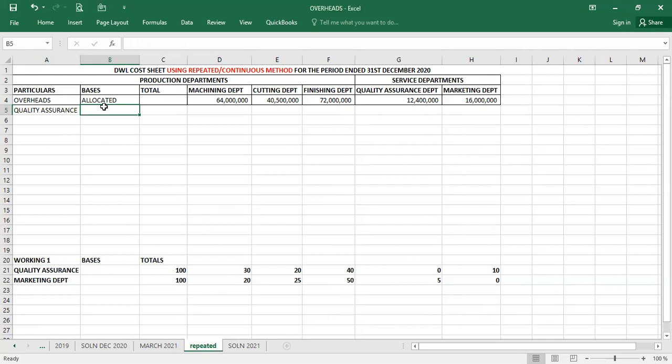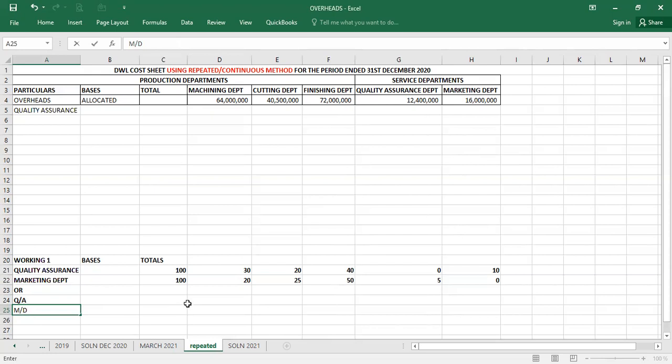We can go by the other ratios we said. We are using ratios. And the other way you can also say is that all, let me put all, because I know people may need different views on different issues. Permit me to use QA for quality assurance and MD for marketing department.